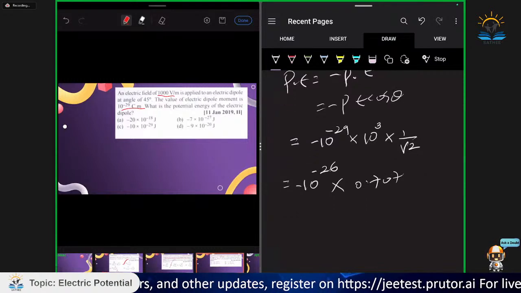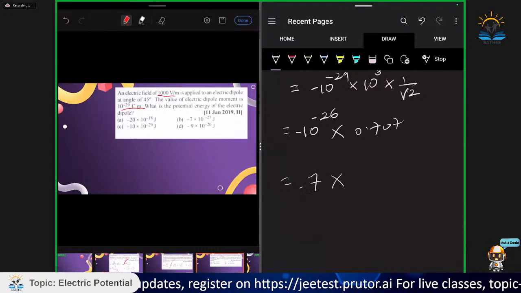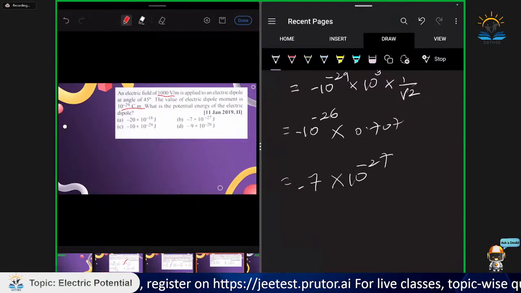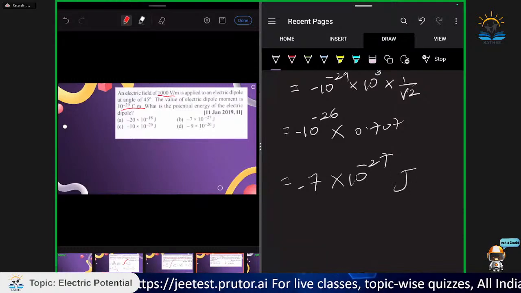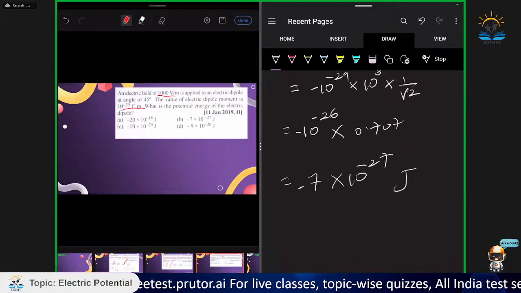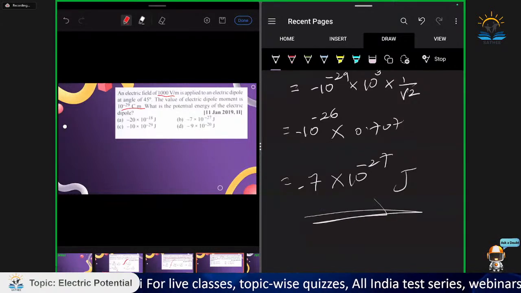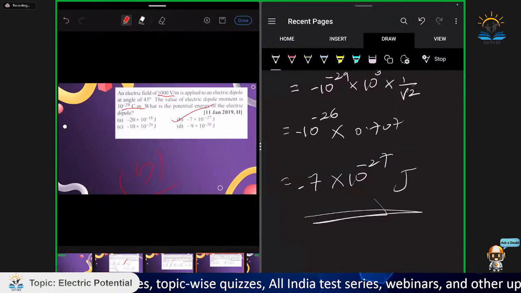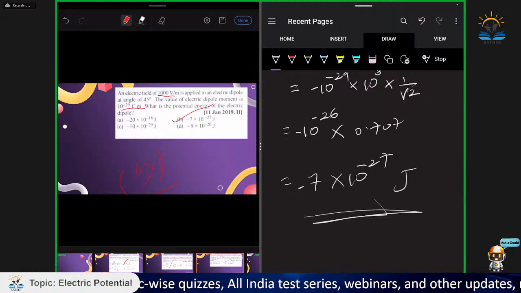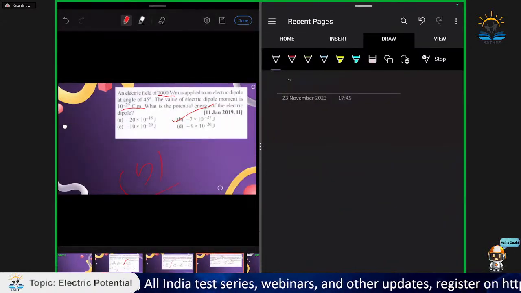So it turns out to be minus 7 into 10 raised to minus 27. Yes, this option is right. Easy peasy.